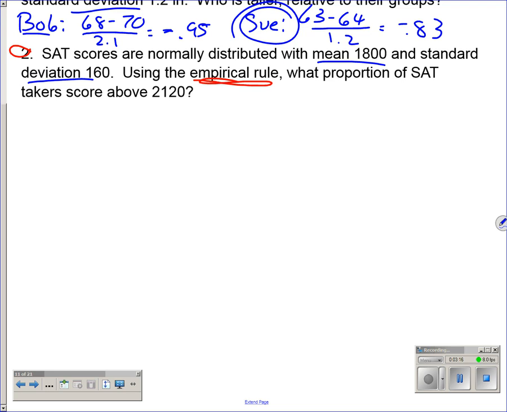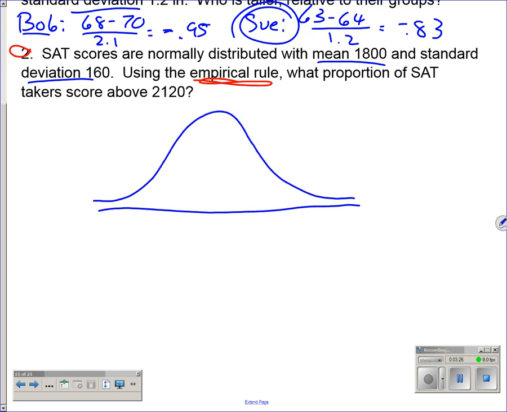We're not comparing it to anybody else's, so we don't need z-score. We just use the percentages that we talked about yesterday with the empirical rule. It's not bad. All right, this is practicing filling out a normal distribution curve with its percentages and its values. I asked the question exactly like this on the test. So if you can do this, you're good.